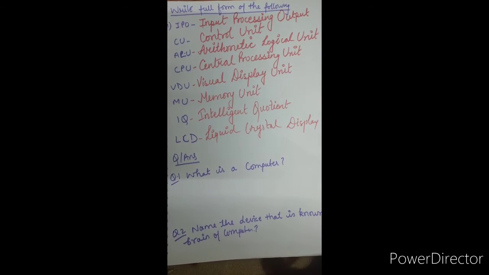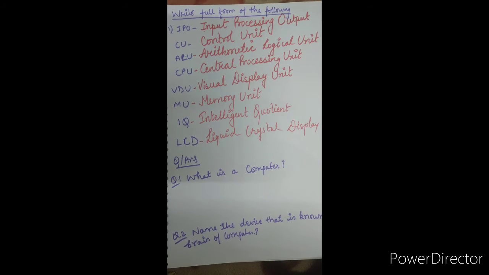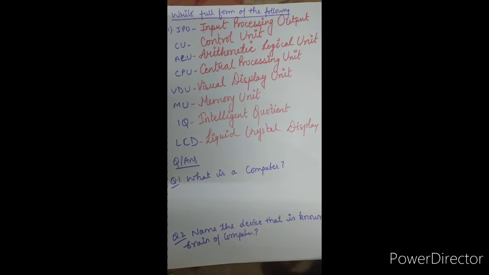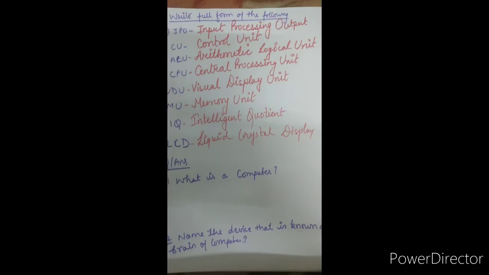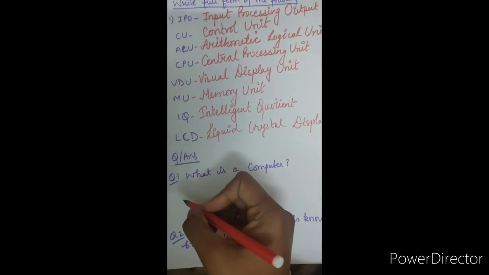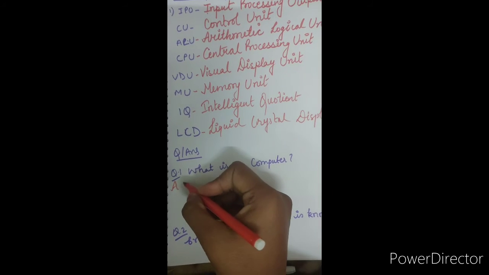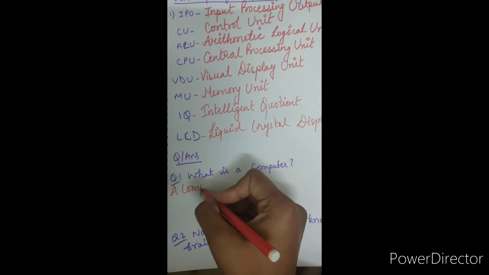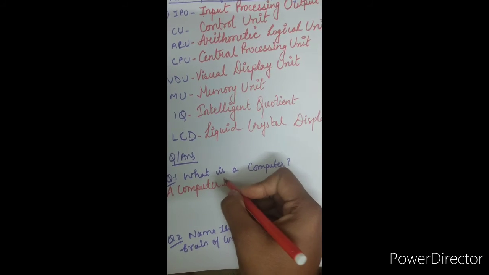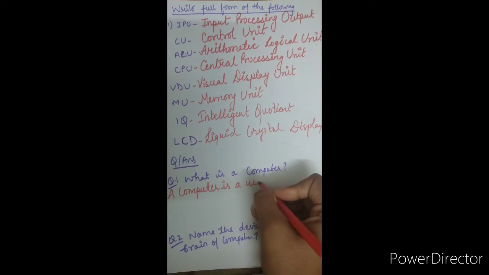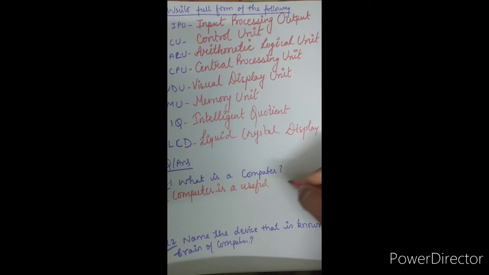What is the definition of computer? A computer is a very useful machine.